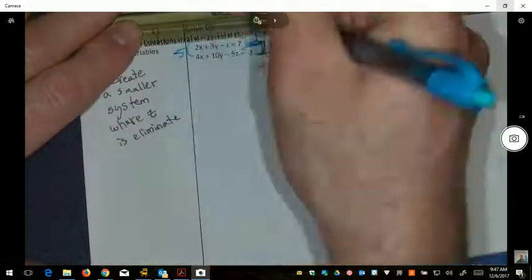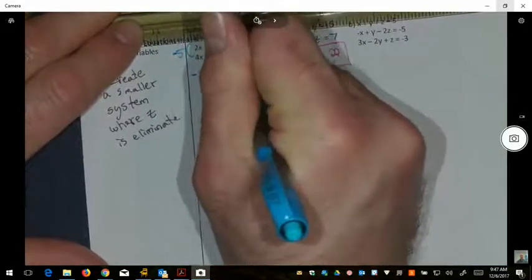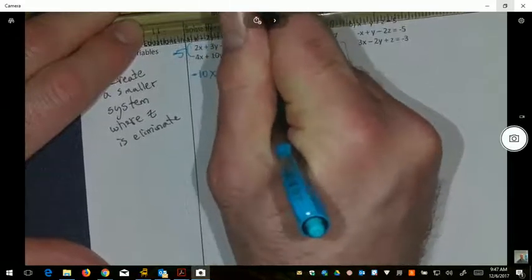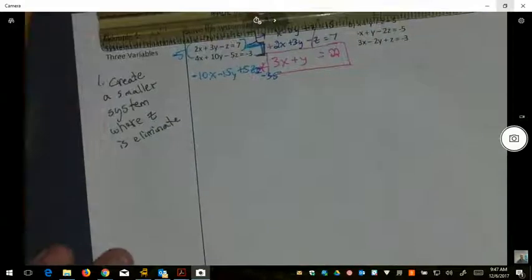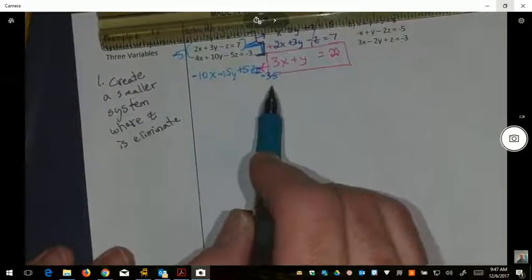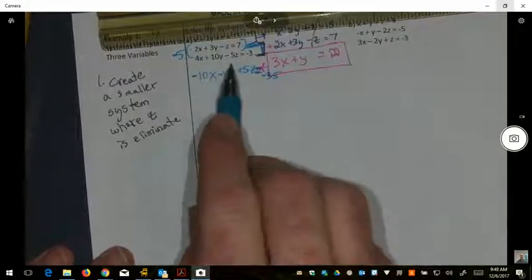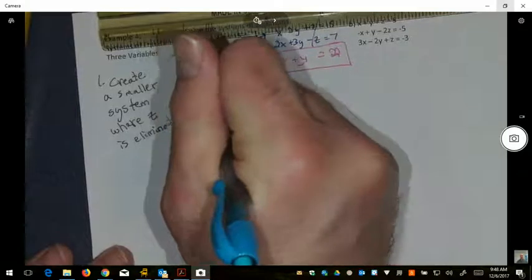So by multiplying the middle equation by -5, I end up with -10x minus 15y plus 5z equals -35. The other equation already has the -5z, so I just copy that one down.